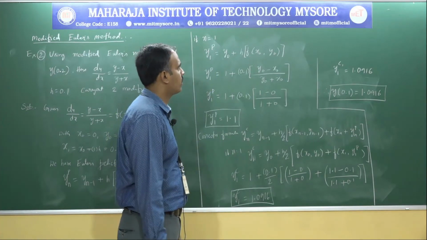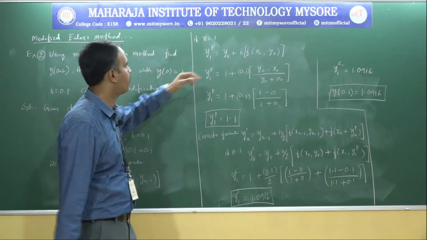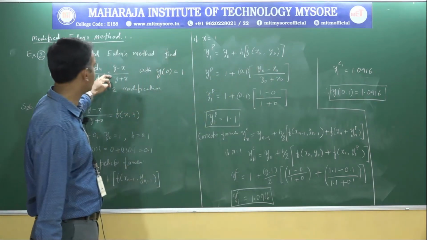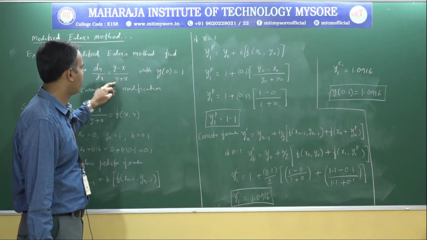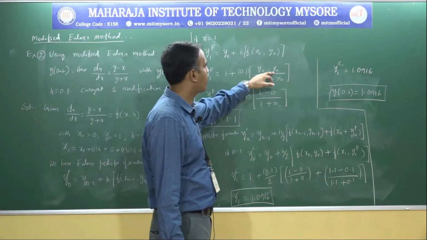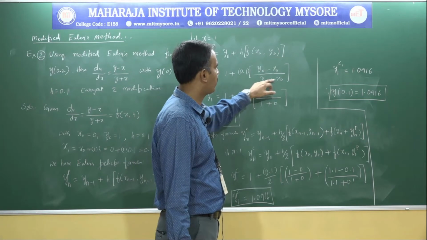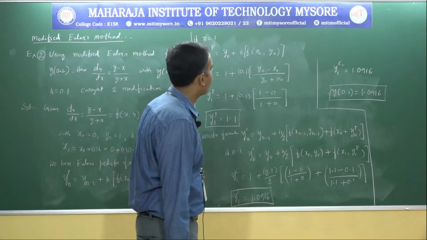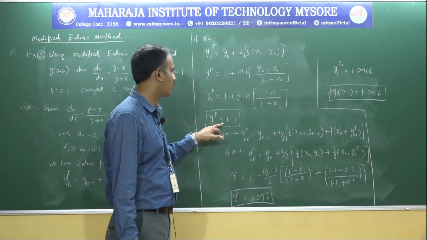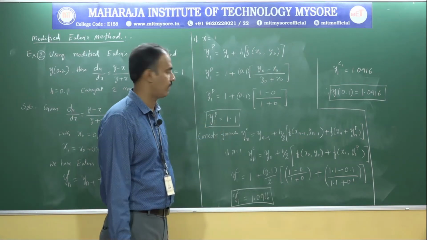The function f is y minus x by y plus x, so we have y0 minus x0 over y0 plus x0. Now substitute the initial data, and we get y1p equal to 1.1.